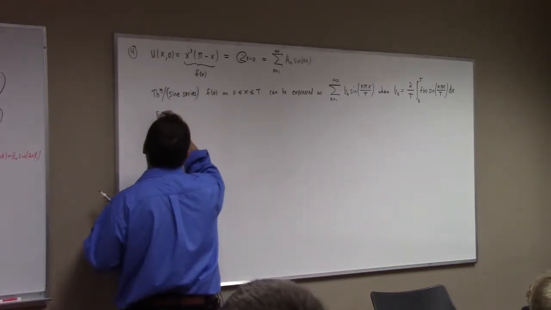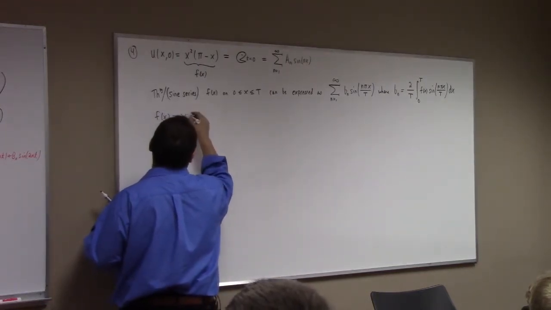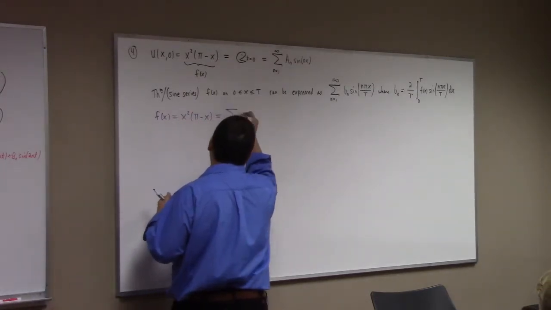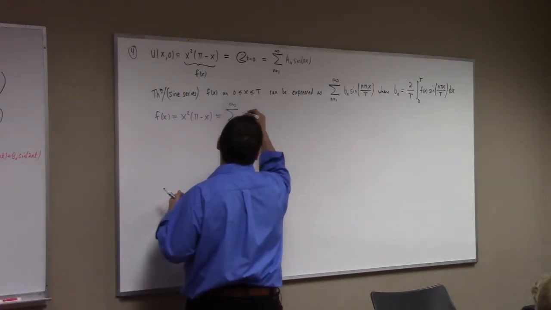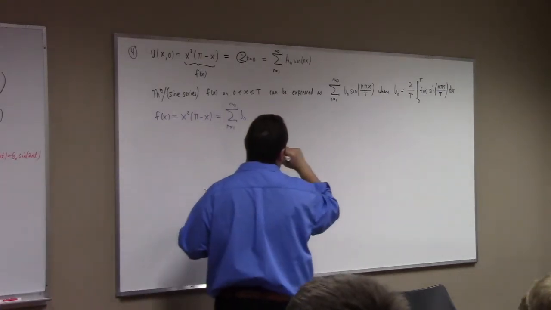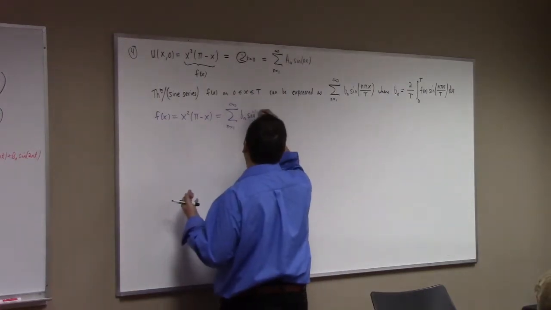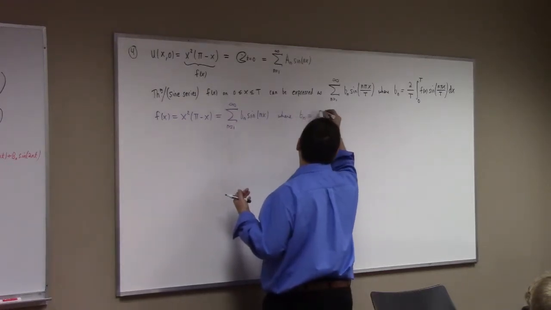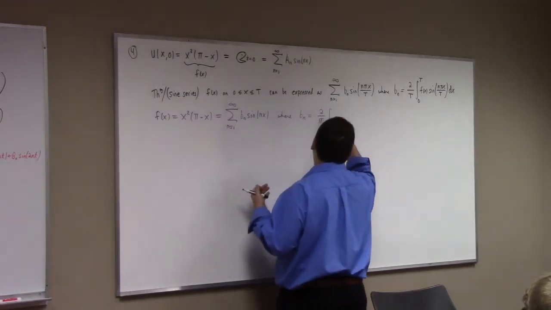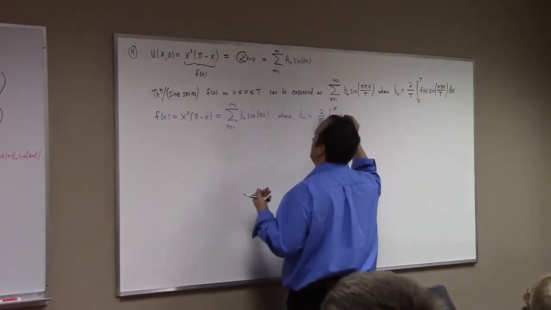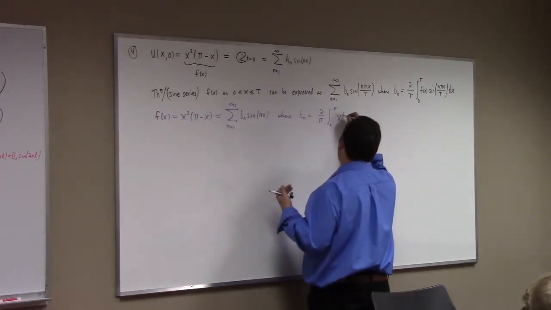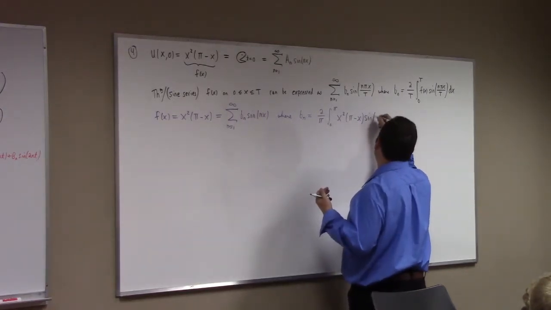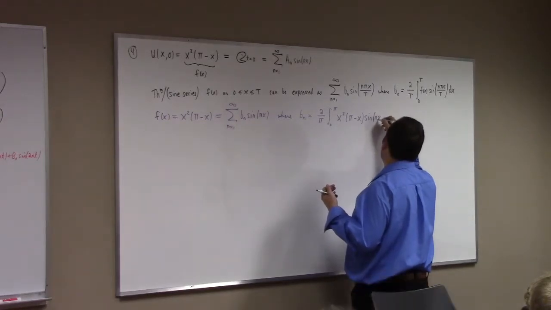We have that f of x equals x squared times pi minus x is equal to a sum, n equals 1 to infinity, of b sub n sine nx, where b n is 2 over pi, integral from 0 to pi, of x squared times pi minus x times the sine of nx dx.